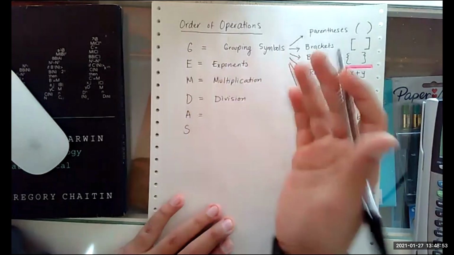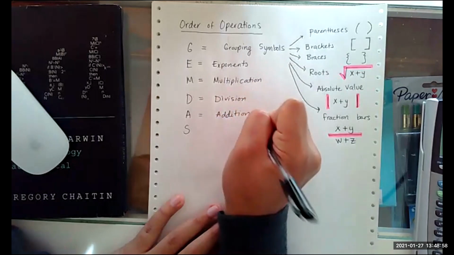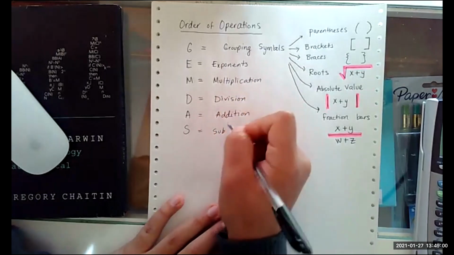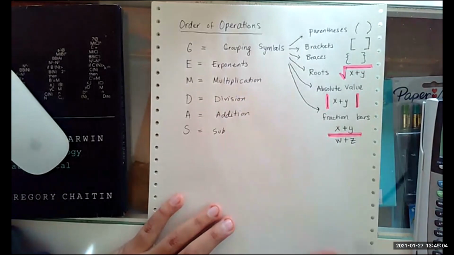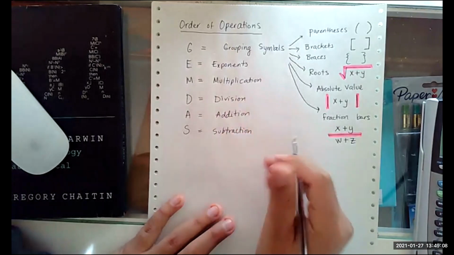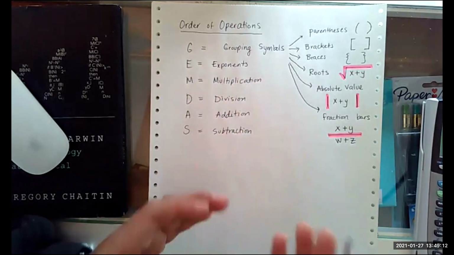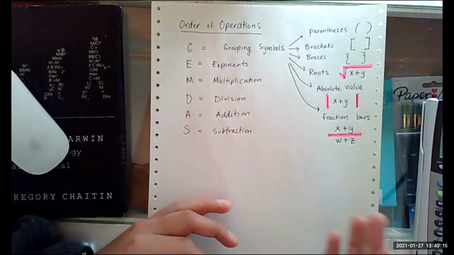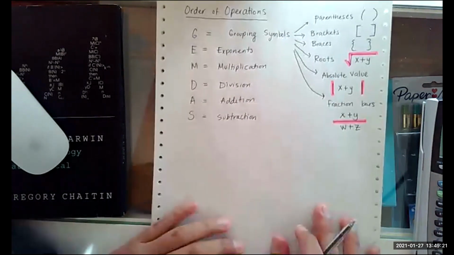After multiplication and division is done, we can take care of our addition and subtraction. So you're not necessarily going to be moving from left to right, even though that's the way we read things, at least in the West. We're going to use this as our prioritization scheme for how we're going to tackle any of these problems. Start with grouping symbols, do all the exponents, do multiplication and division, do addition and subtraction.